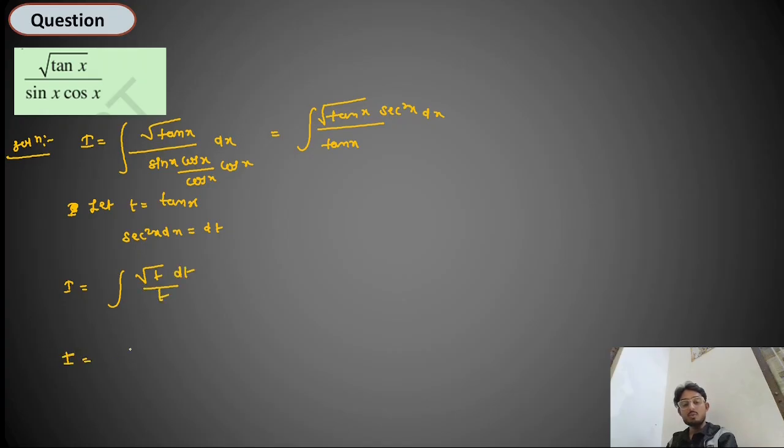So I equal to root t, which means t raised to power 1 by 2 upon t dt. So you will get I equal to integral of t raised to power minus 1 by 2 dt.